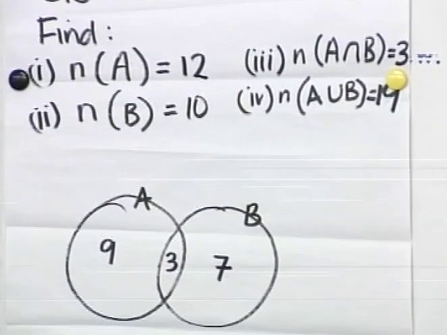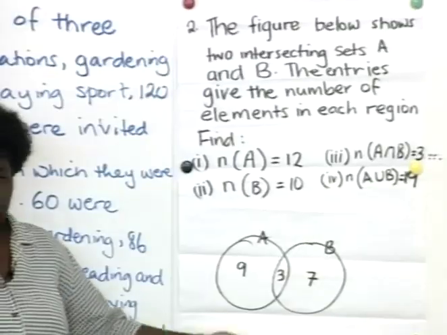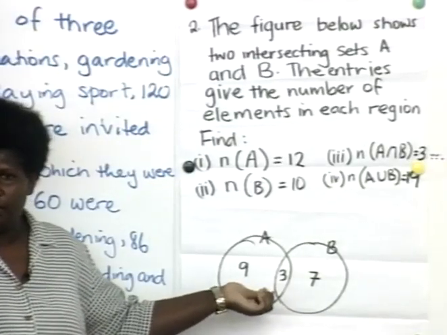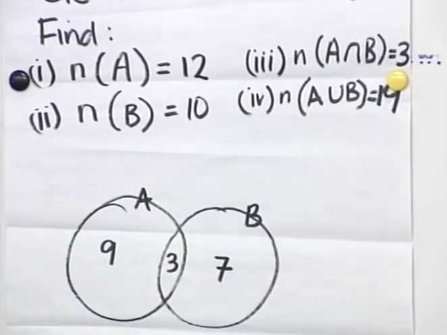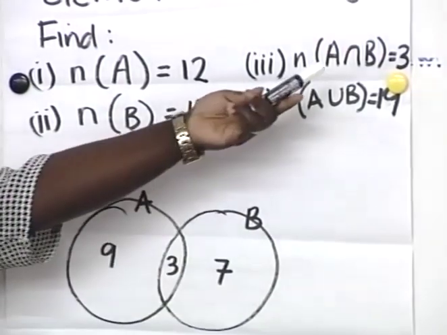All right, the number of elements in the set A intersection B is clear. You all know how to read Venn diagrams. So the number that's in the middle indicates the number of elements that is in the set A intersection B. So in this case, it's 3.